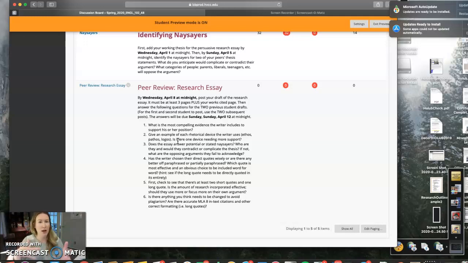I'm hoping that this is going to help so that everybody gets feedback instead of people just picking 2, and then usually what's happened is the same kind of 5 people get feedback, which isn't necessarily fair. The exception is if you're the first person to post or the second person to post, you're just going to have to do the next 2 people below you. So hopefully that makes sense and you'll get some feedback.